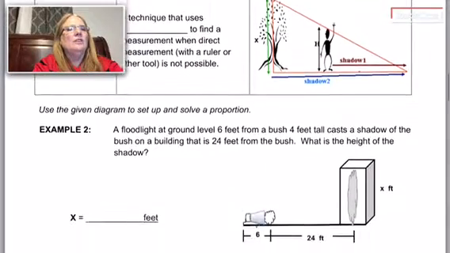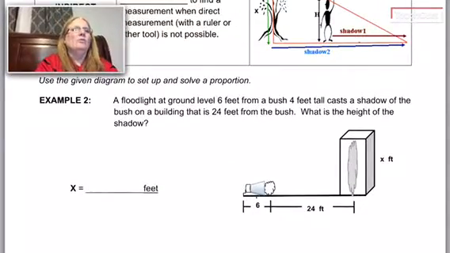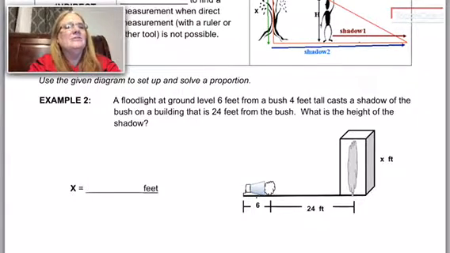Okay, so a floodlight at ground level, 6 feet from a bush, 4 feet tall, casts a shadow of the bush on a building that is 24 feet from the bush. What is the height of the shadow? Sometimes you have to draw these pictures by yourself, but they kind of gave it to us. They're saying that this bush here is 4 feet tall.